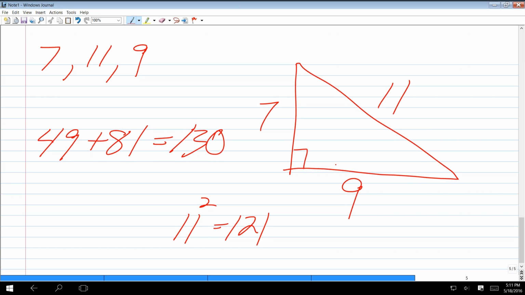In other words, if this was a right triangle, this would be the square root of 130, which is a number bigger than 11. Okay. So to make the hypotenuse less than this number, we have to shorten it to get it to be 11, and that makes that angle acute.